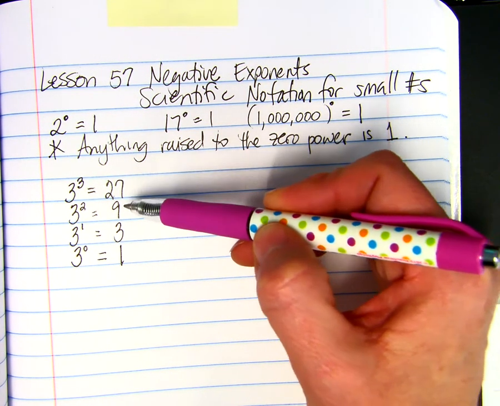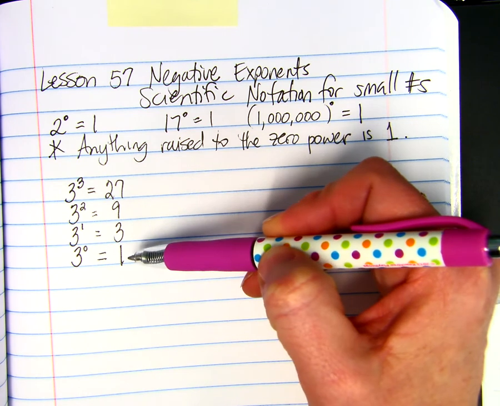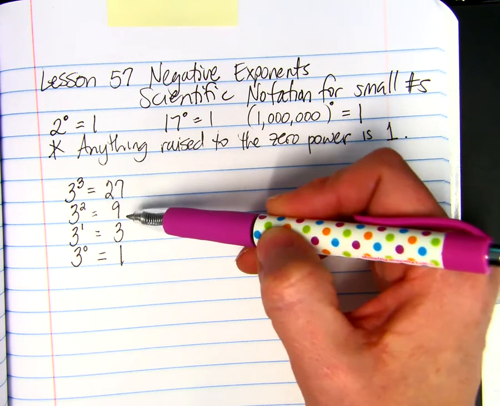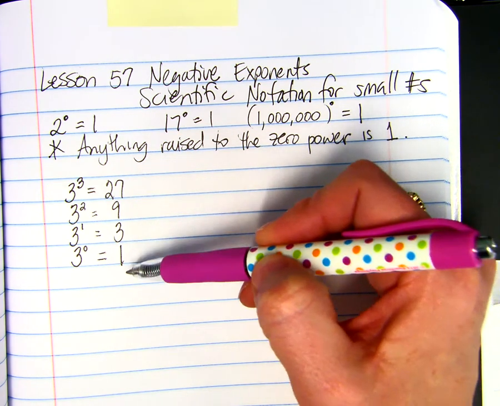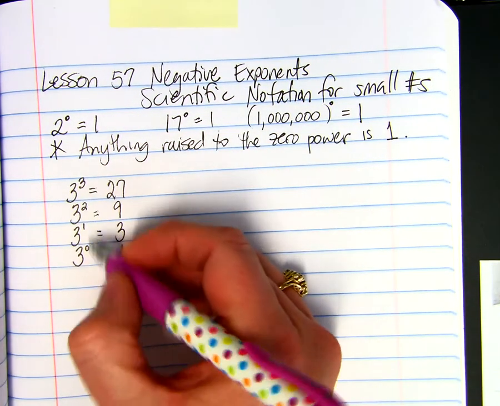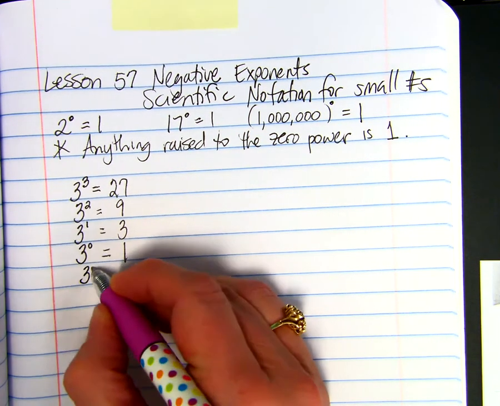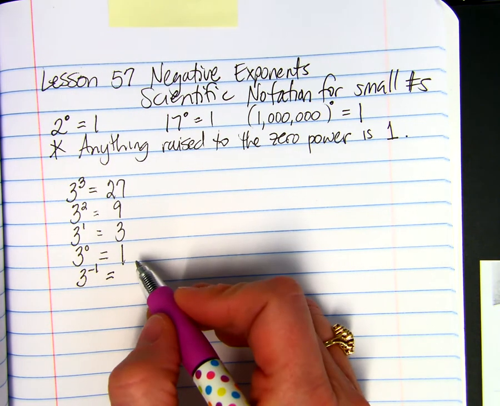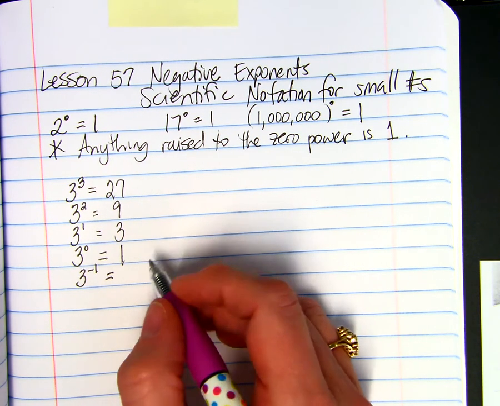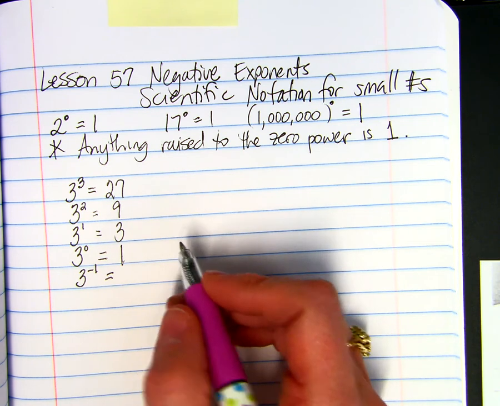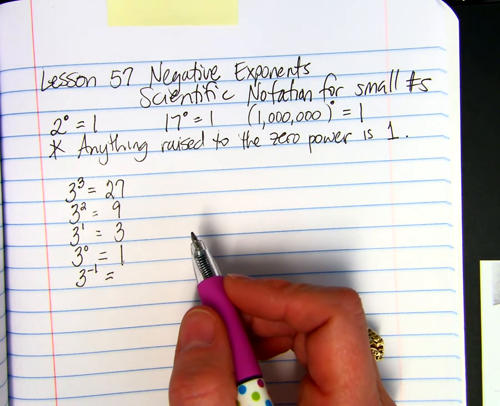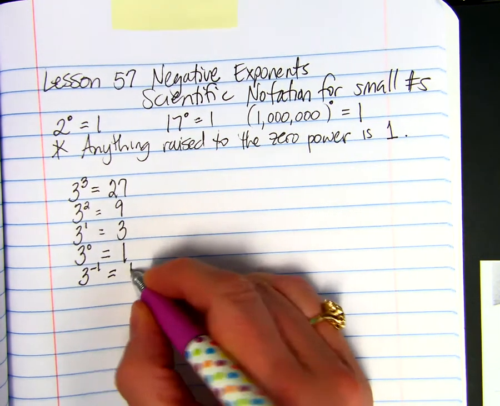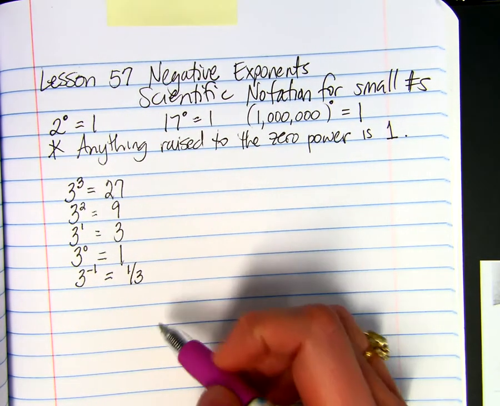Now I want you to notice, what's the pattern here going down? We're dividing by 3, right? 27 divided by 3 is 9, divided by 3 is 3, divided by 3 is 1. So if I keep going on to my exponents, the next integer, 3 to the negative 1, we're dividing by 3. What's 1 divided by 3? 1/3. We just divide 1 by 3. We follow the same pattern.